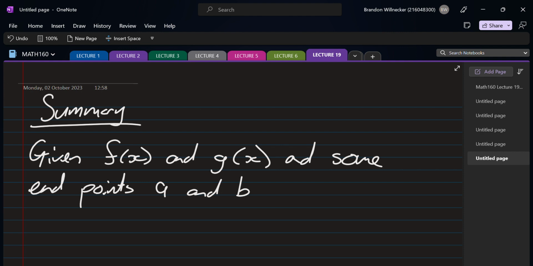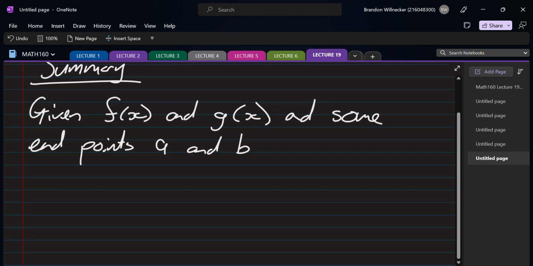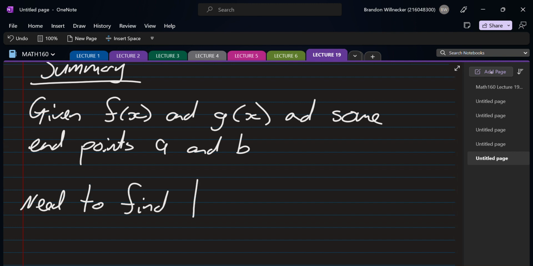So this is like those last two examples where we have endpoints, but between those endpoints the functions swap between being upper and lower. Okay, so the first thing we do is need to find the absolute value of f of x minus g of x.